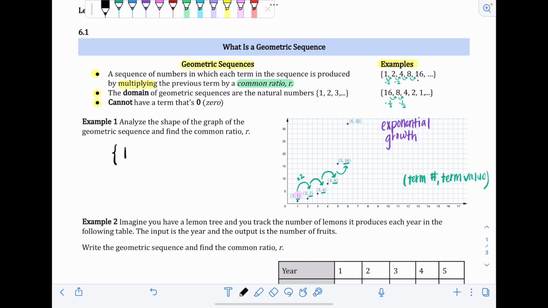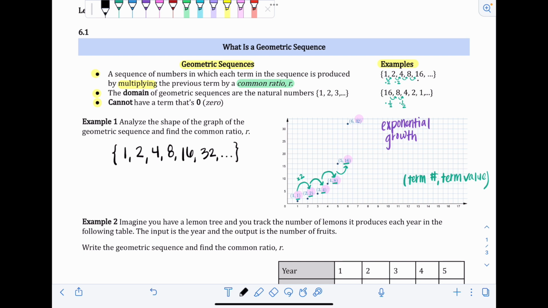So it would be 1, and then term 2 would be the y coordinate from the second point, 2, term 3 would be 4, term 4 would be 8, term 5, 16, and then term 6 would be all the way up here, 32. And then we draw the dot, dot, dot to show that it keeps going from there. So you can always do that if it makes it easier to find the common ratio r.